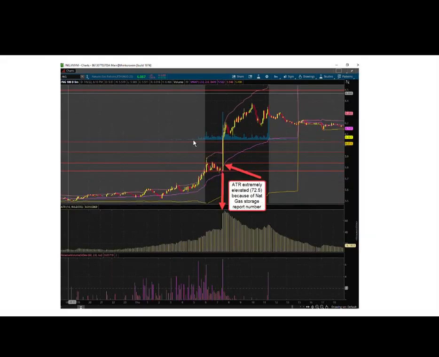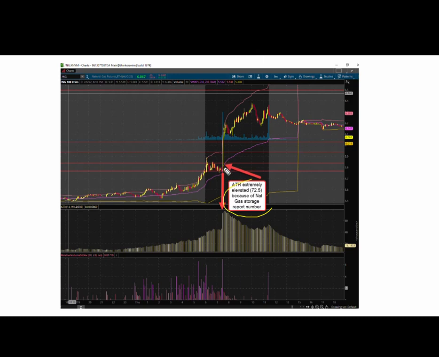There is a certain time when I do not use the 5-minute ATR. I will revert to the hourly ATR when you get a one-time event, like in this example, a natural gas storage report number, which comes out every Thursday at 9:30 Central, or a crude number, or the Fed releasing their interest rate hike, things like that.